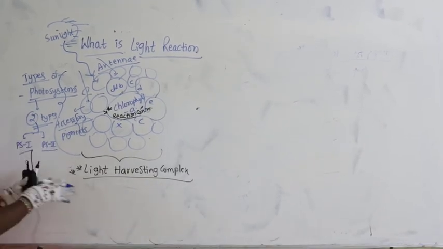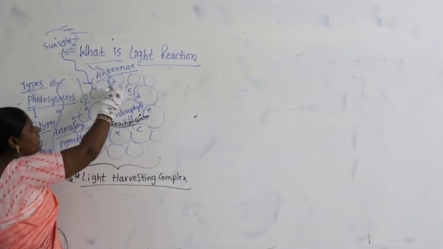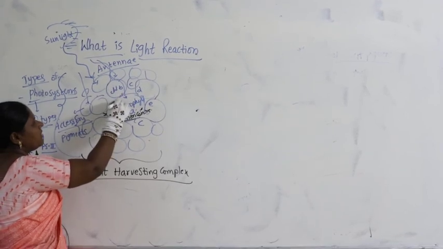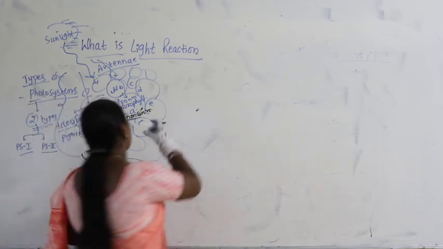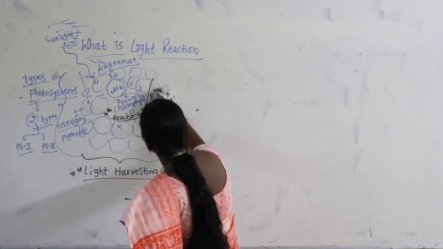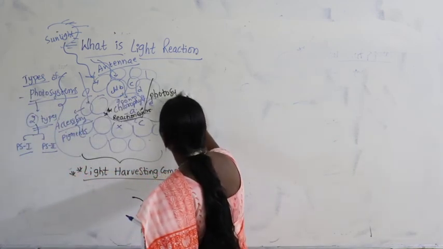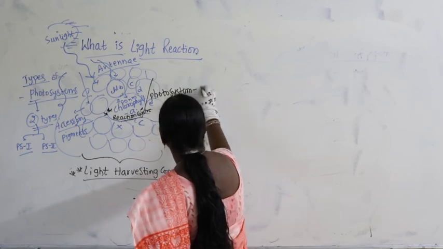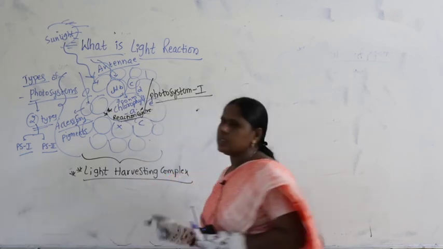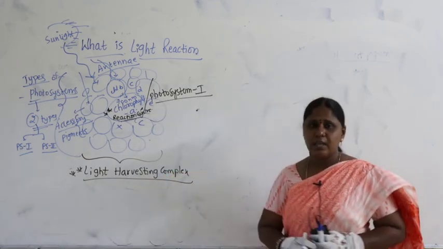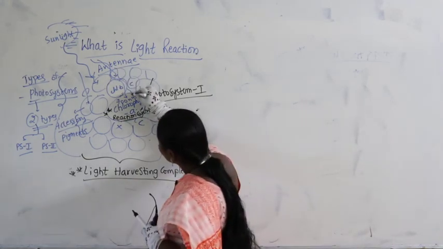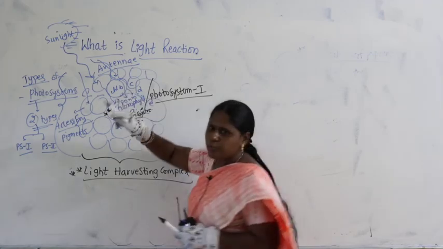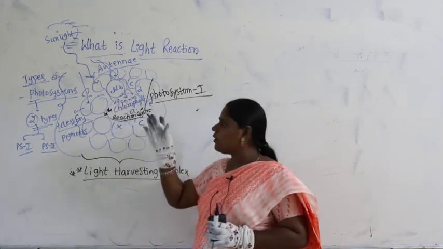So here, if this absorbs light of wavelength 700 nanometers, then this itself is called photosystem 1. What is the meaning of this? It concerns the absorption of the light falling onto this.